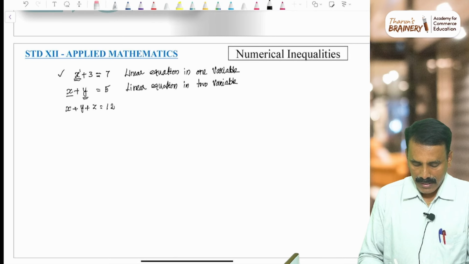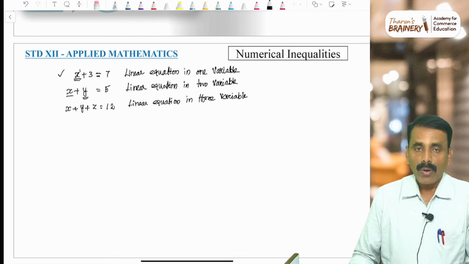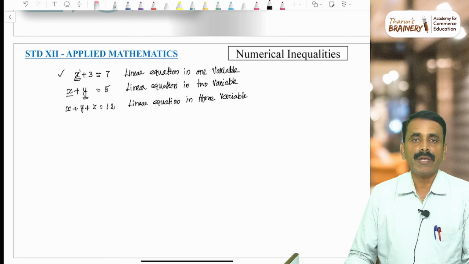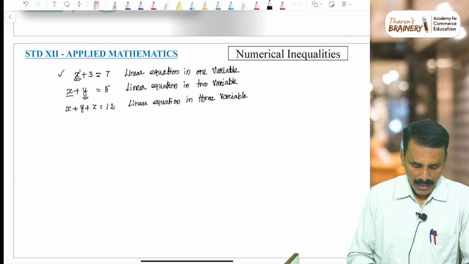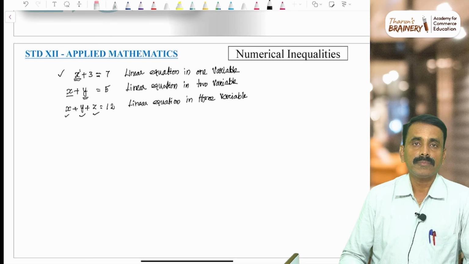This is called a linear equation in three variables. Why? Because it has three variables, namely x, y and z.